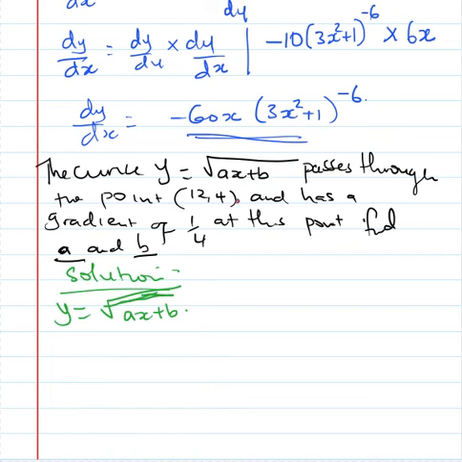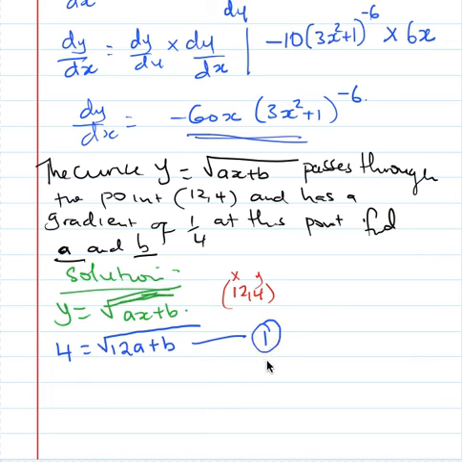Given that the point is (12, 4), this is x, this is y, so let's substitute immediately with the coordinates. So 4, the y, is equal to the square root of 12a plus b. Let's take this to be equation 1.